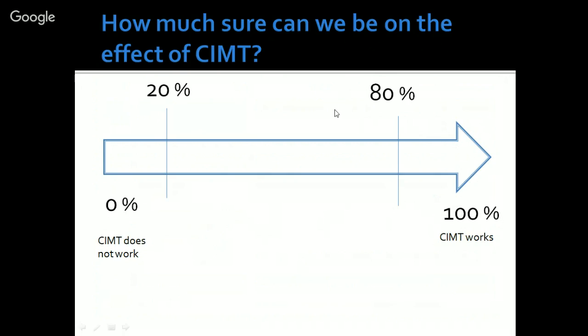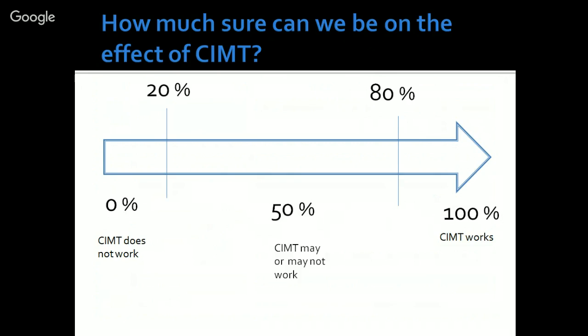Now, the most important point in this whole line is 50%, which means if the probability of the intervention effectiveness is 50%, it means CIMT may or may not work. Now that's a problem. It's like tossing a coin.